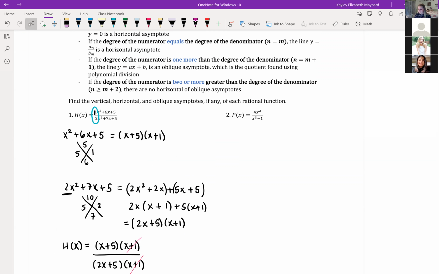So just go ahead and find vertical, horizontal, and oblique asymptotes, if any. I'm just going to let you go for it on your own. And then when you finish, send me a private chat of your answers. You send it privately, that way not everyone's seeing it. So when you finish, send that to me. That way I know where you're at, and then we'll talk about it briefly.